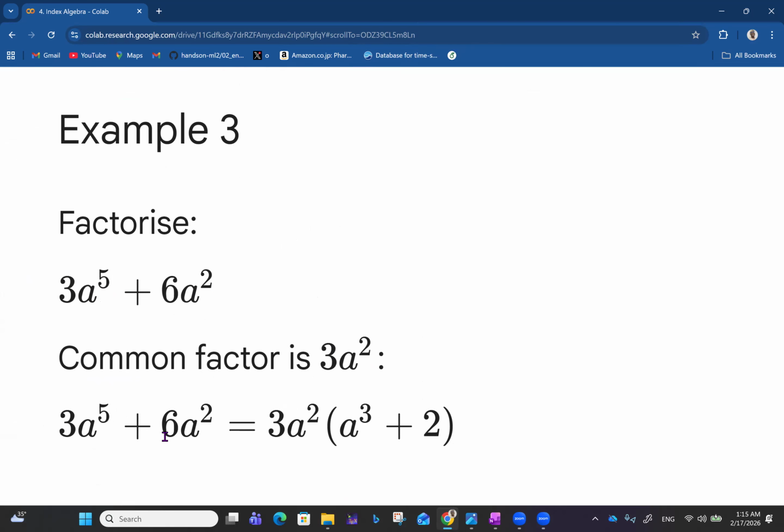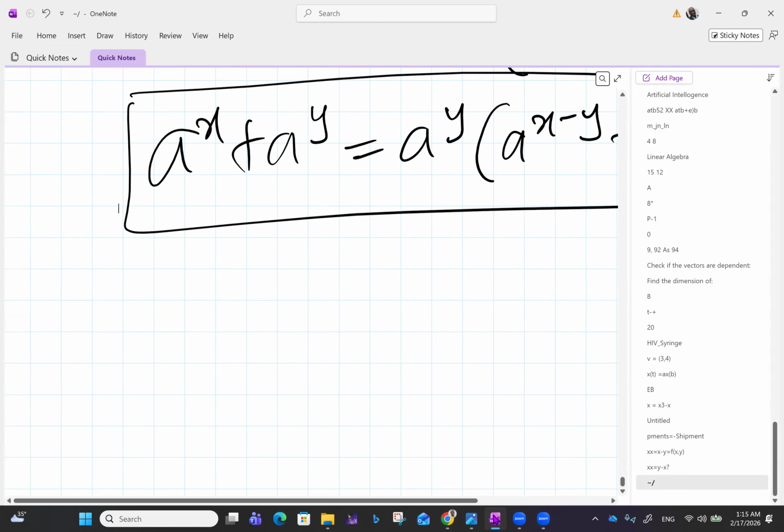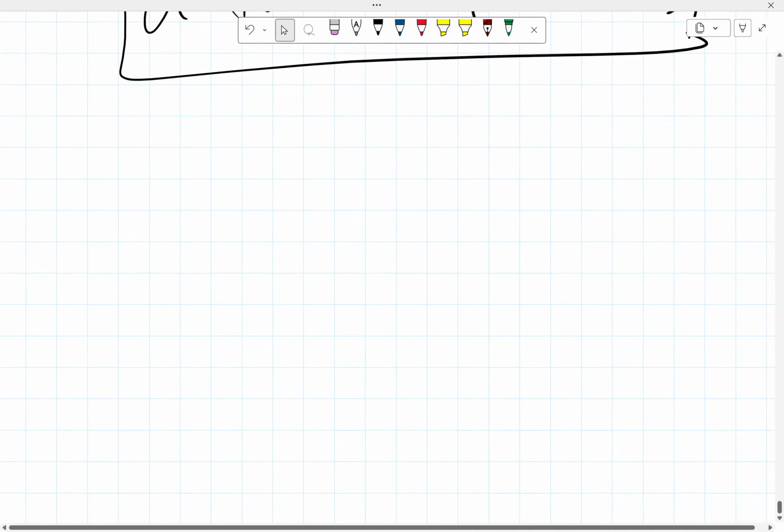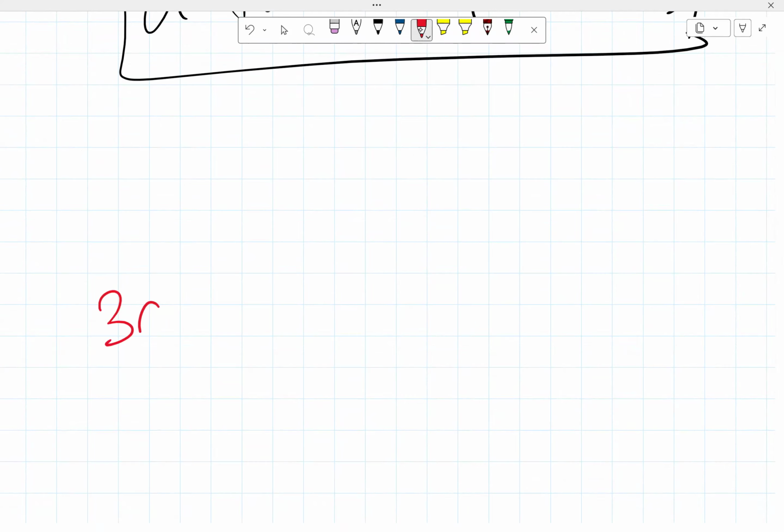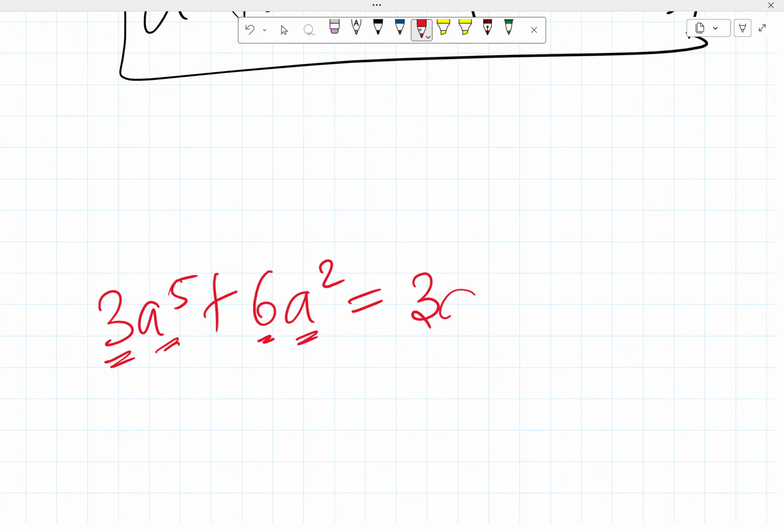So you have 3a raised power 5 plus 6a raised power 2 equals 3a raised power 2 into 3a raised power 5 over 3a raised power 2 plus 6a raised power 2 over 3a raised power 2. So between 3 and 6, the common factor is 3. For a raised power 5 and a raised power 2, the common factor is a raised power 2.